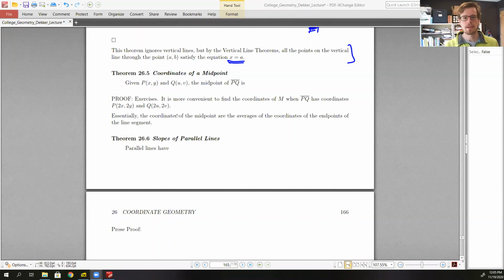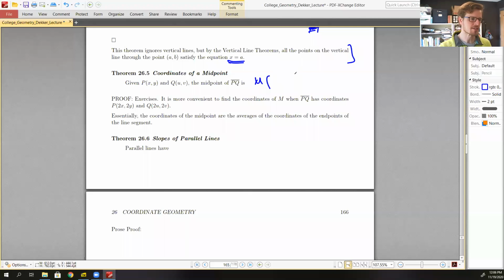So if we have 2 points or a line segment with endpoints given by P and Q, then the midpoint of that line, or the point that lies directly between P and Q, is the point typically denoted by M for midpoint, and it's given by (x + u)/2, comma, (y + v)/2. So it's just the average of those two coordinate values.